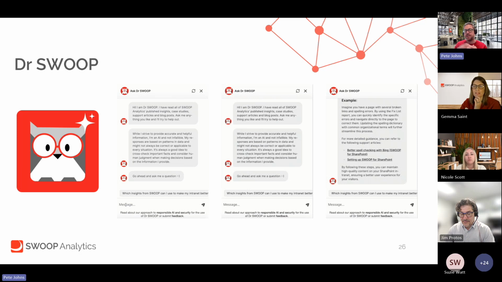So you can imagine that really engaged person who maybe hasn't worked on intranets before, but they really want to do an amazing job of communicating within their departmental site. They've got a sidekick here, someone they can go to and chat to, and that's this lovely, friendly owl that is Dr. Swoop, where they can ask a question and reference really properly researched sources of information.